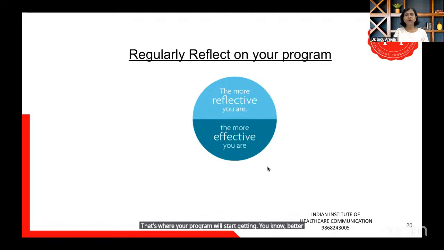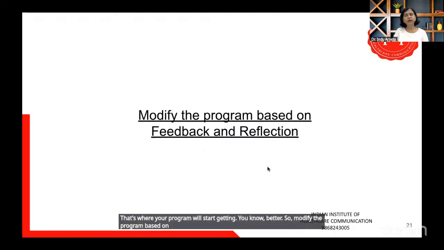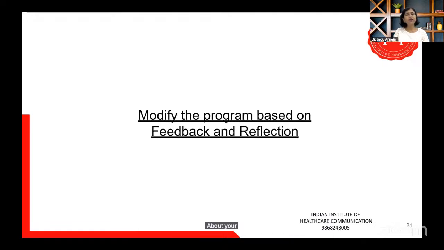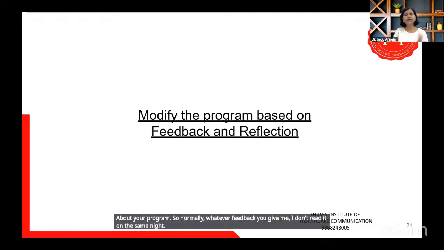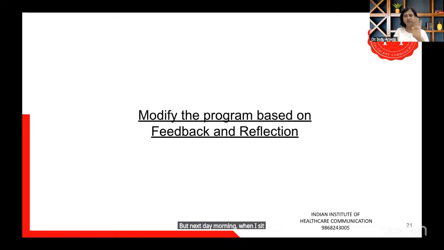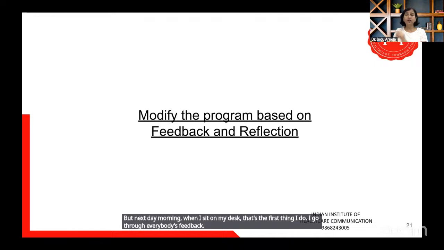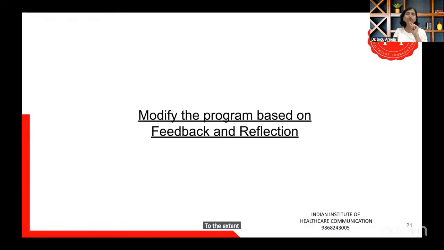So modify the program based on the feedback that you receive from your participants and the reflection that you have done about your program. Normally, whatever feedback you give me, I don't read it on the same night, but the next day morning when I sit at my desk, that's the first thing I do. I go through everybody's feedback. To the extent that some of you who do not participate, I can see that reflected in your feedback.